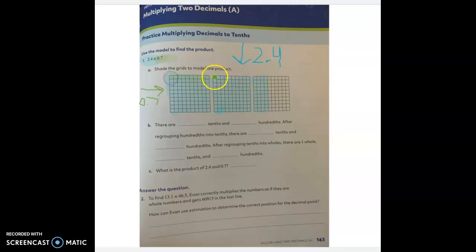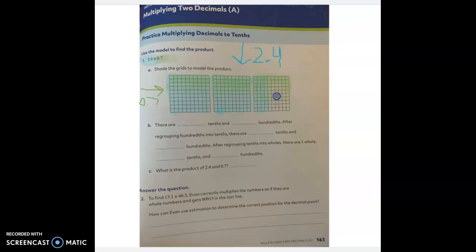So 1, 2, 3, 4. Oh, that was kind of 4 and 5 in that middle one. 6, 7.